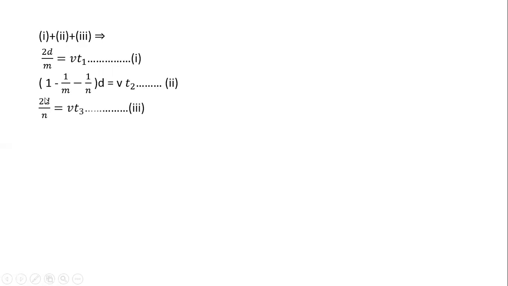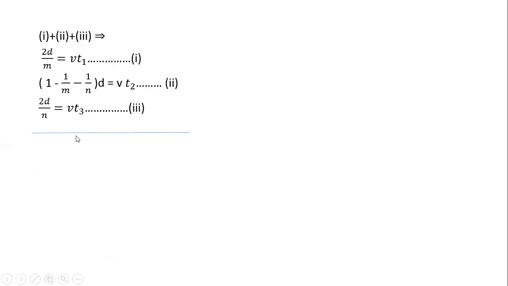Now 1 plus 2 plus 3: 2d by m equal to vt1, which is equation number 1. 1 minus 1 by m minus 1 by n into d equal to vt2, which is equation number 2. 2d by n equal to vt3, which is equation number 3.